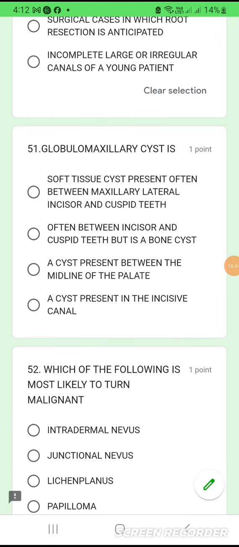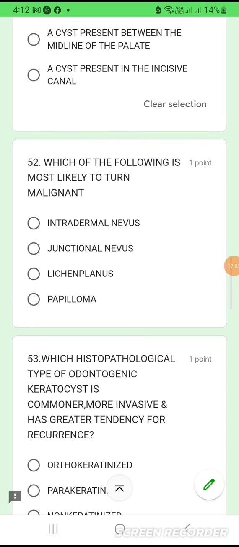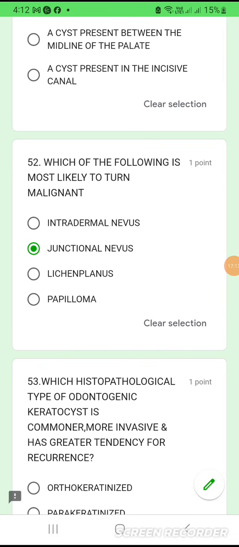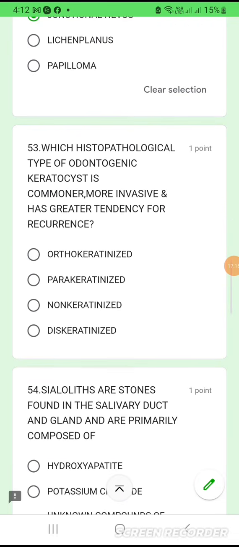Globulomaxillary cyst: check whether it's a soft cyst or a bony cyst. It is actually a bony cyst. So option B is the answer. It is between incisor and cuspid but is a bony cyst. Coming on to 52. Which of the following is most likely to turn malignant? Intradermal nevus, junctional nevus, lichen planus or papilloma? Among these, junctional nevus, option B, is the correct answer.